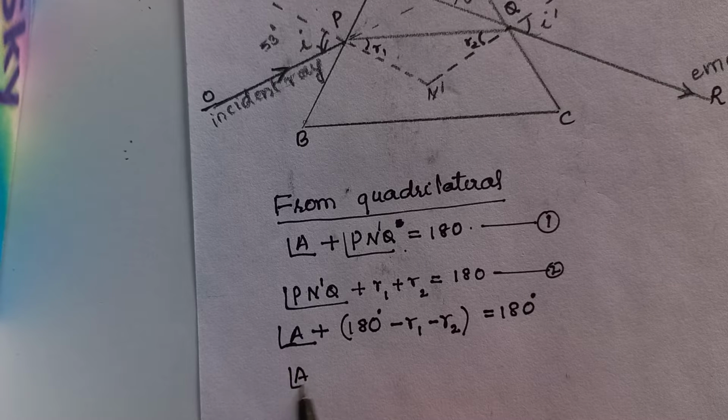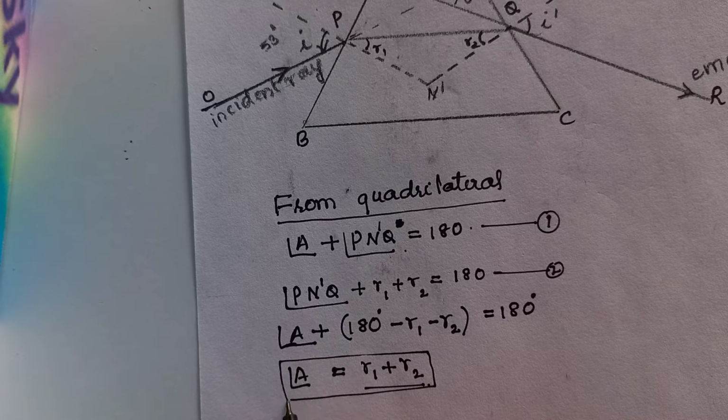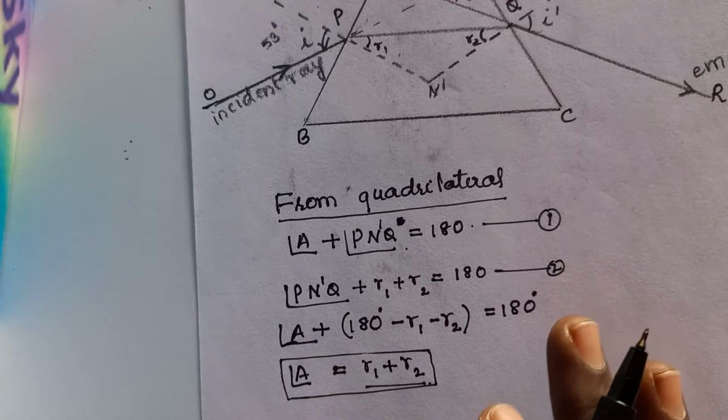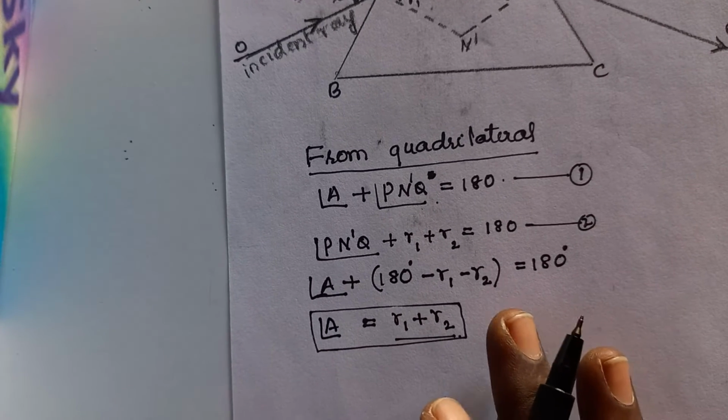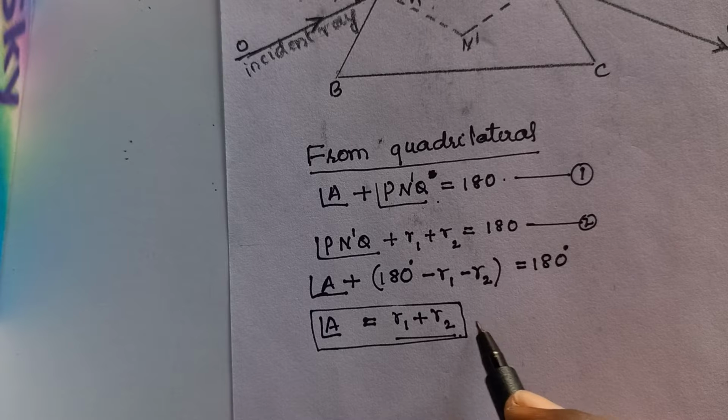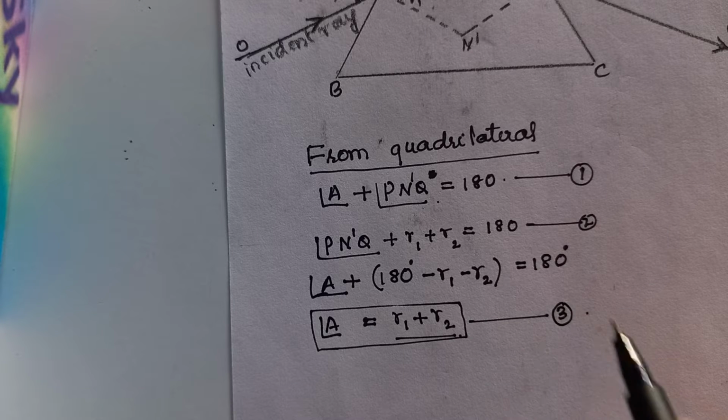Now angle A dash is equal to R1 plus R2. Let's take this one as equation number 3.